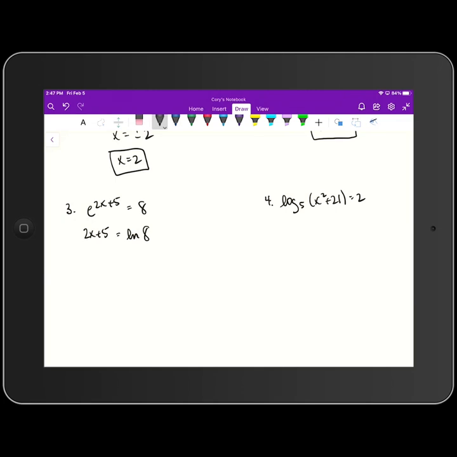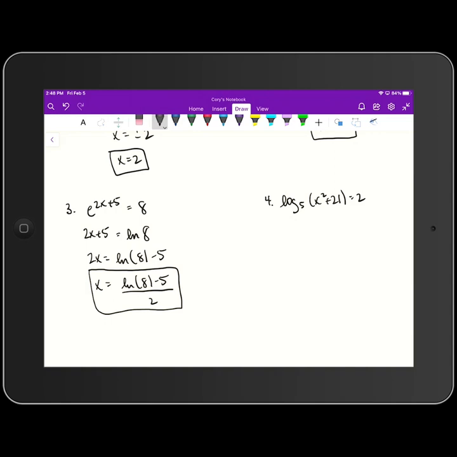When we solve this equation for x, I can subtract 5 on both sides, so we get 2x equal to the natural log of 8 minus 5, and then I can solve for x by dividing both sides by 2. So we get the natural log of 8 minus 5, all over 2. That is our solution for x.